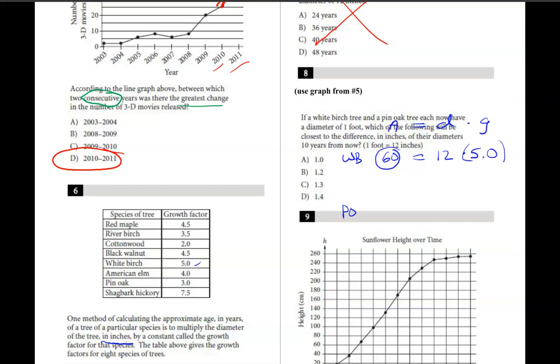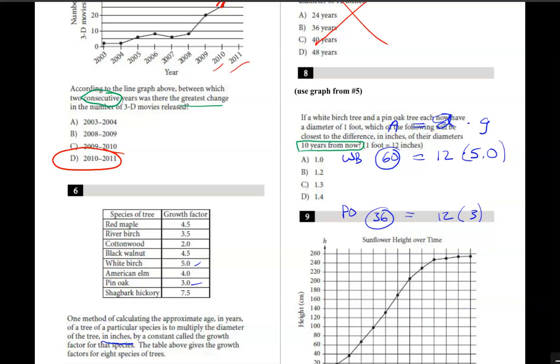The pin oak, if it has 12-inch diameter and its growth factor is 3, well, that's going to give me an age of 36. So this is now, all right, because it said now. So now let's focus on it. The question says, which of the following will be the closest to the difference? So we're going to be subtracting in inches their diameters 10 years from now.